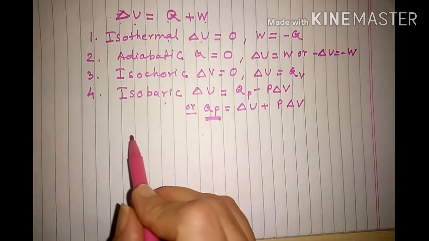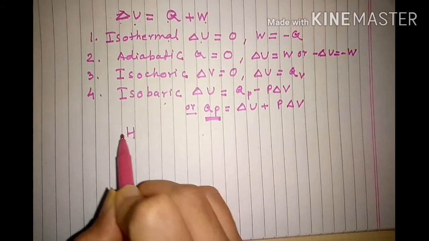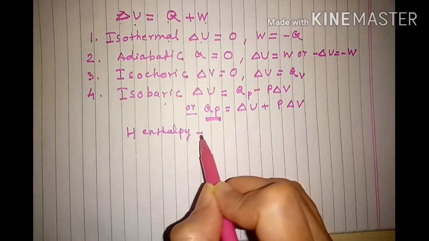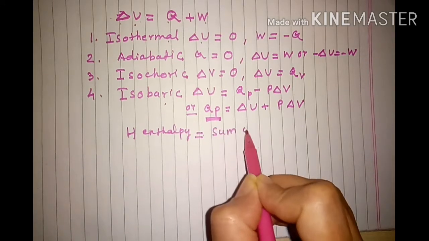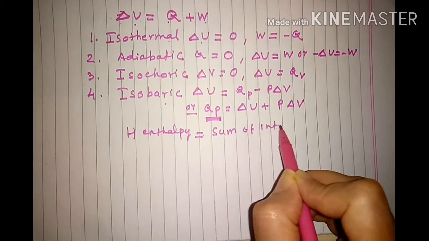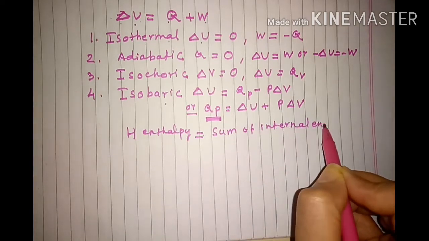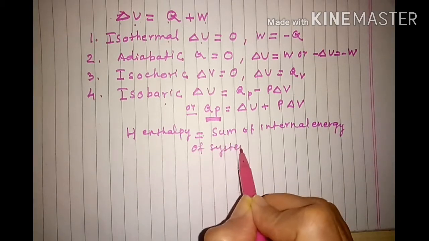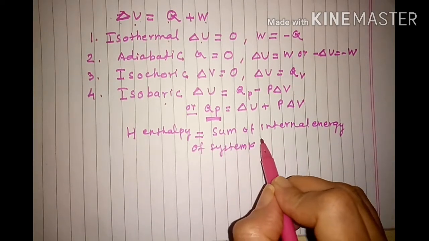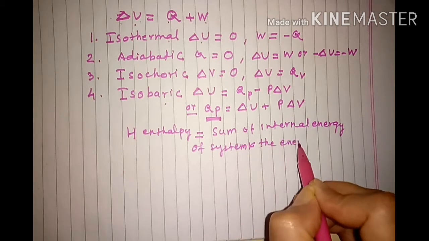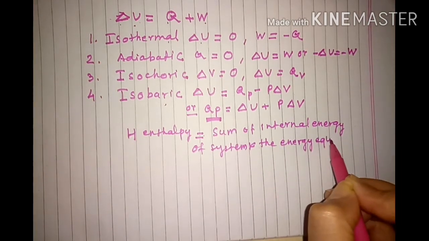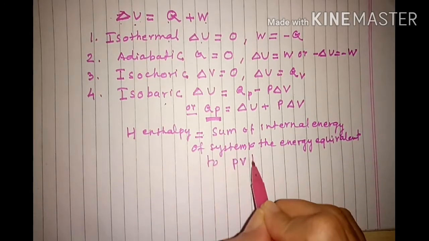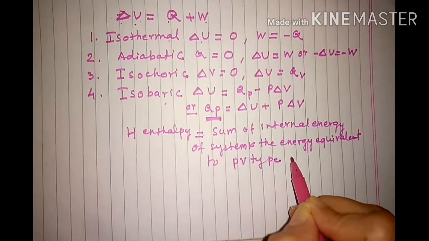So enthalpy, which is denoted by H, is equal to the sum of internal energy of a system and the energy equivalent to PV type of work, pressure volume type of work.